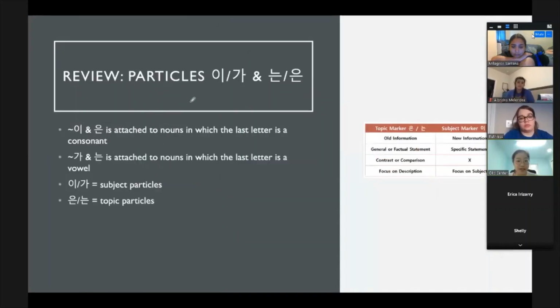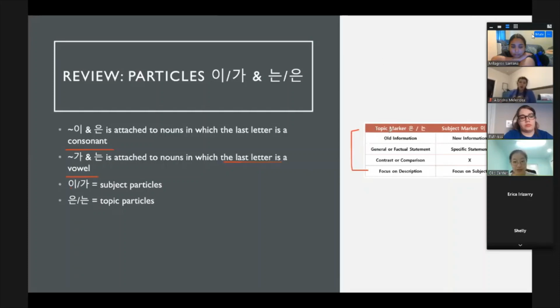Okay, so last time we also went over the particles. If the last letter had a consonant, then it's 이 and 은. And if the last letter had a vowel, then you use 가 or 는. So 이, 가 are the subject particles, and 은 or 는 are the topic particles, and it depends on the situation.